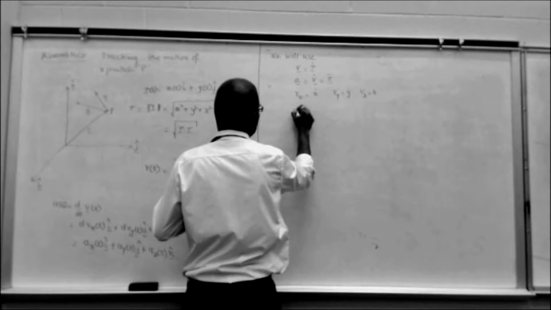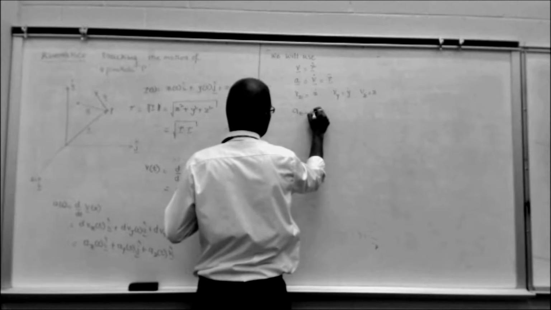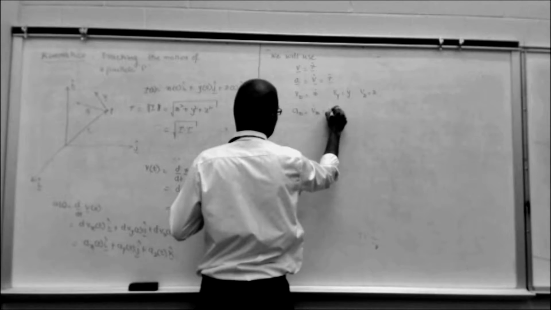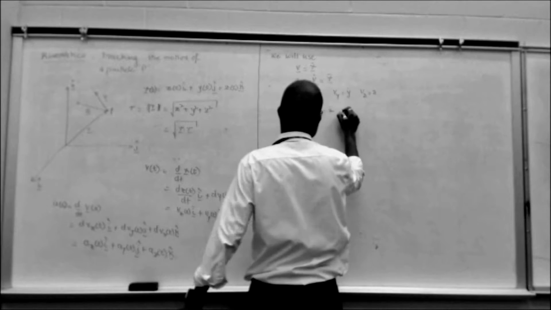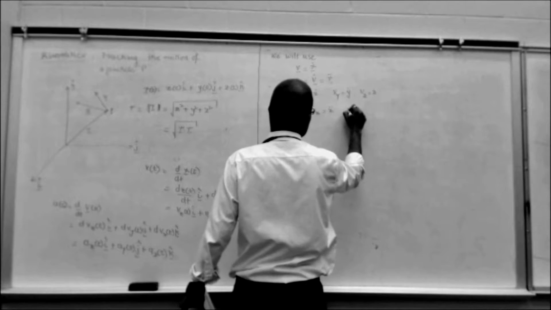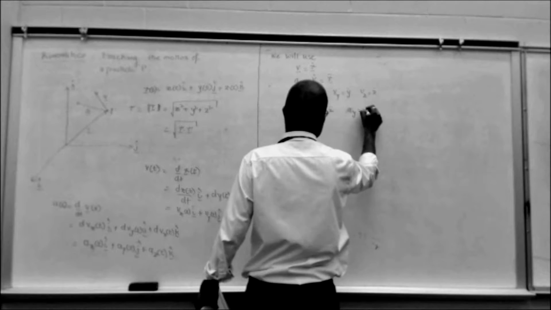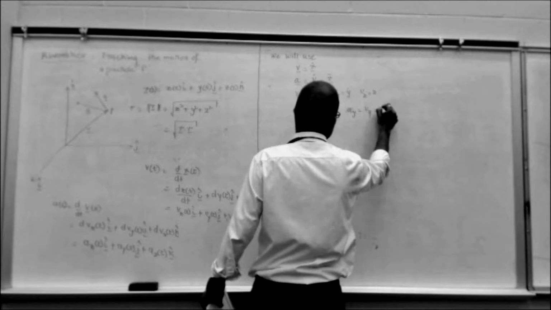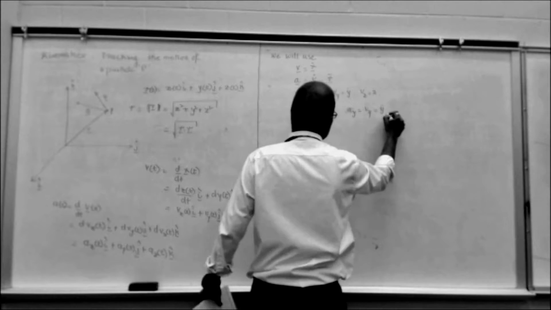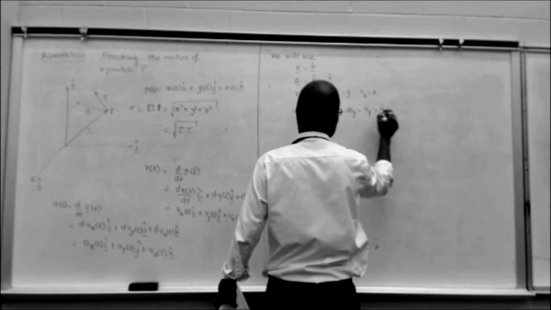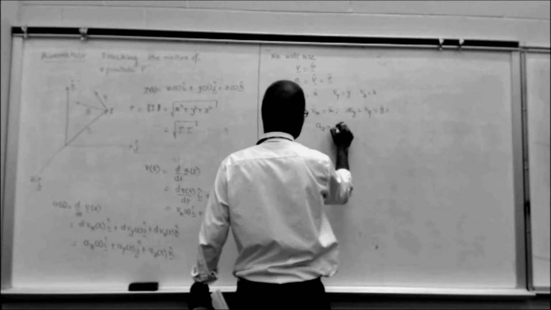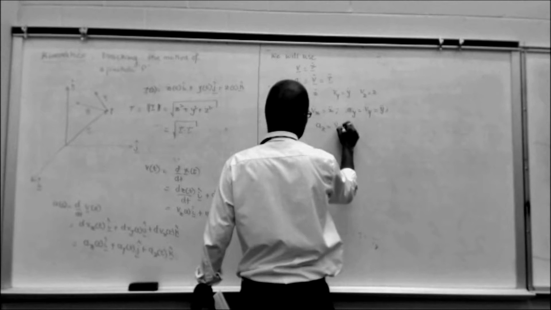Similarly, ax is equal to Vx dot, which is x double dot, ay is equal to Vy dot, which is equal to y double dot, and az is equal to Vz dot, which is z double dot.